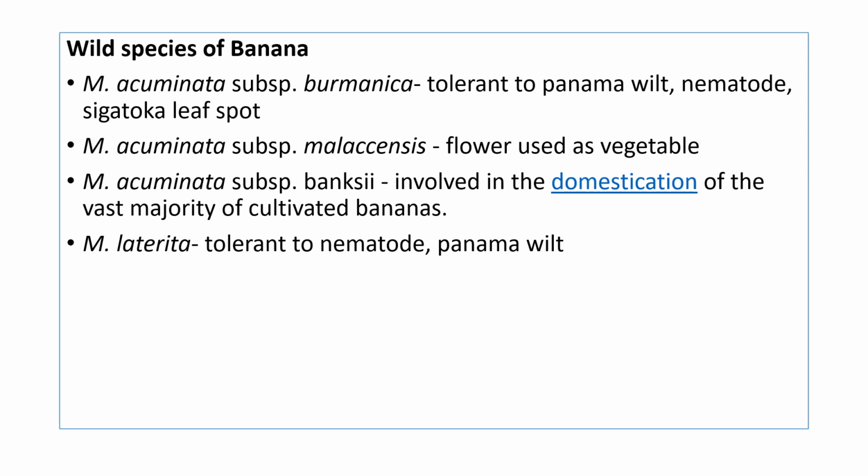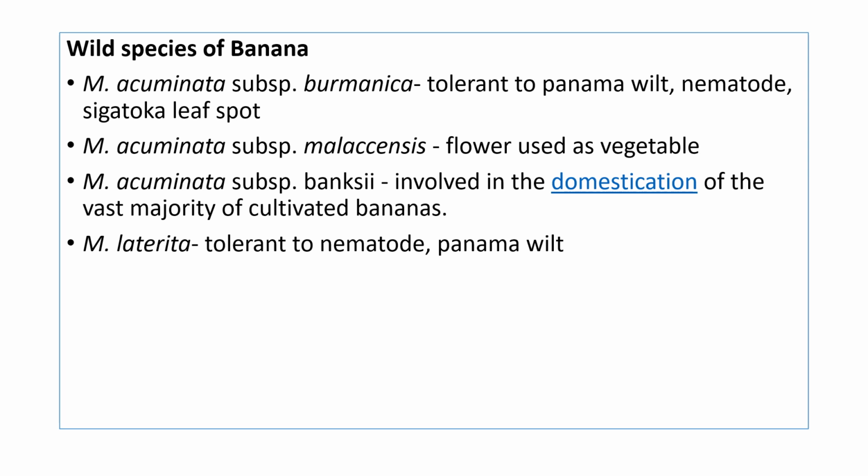And coming to the wild species of banana, Musa acuminata burmanica. It is a tolerant species, tolerant to Panama wilt, nematode, and Sigatoka leaf spot. Then Musa acuminata subspecies malacensis. The flowers are used as vegetable, and it is native to Southeast Asia, specifically Malaysia and Sumatra.